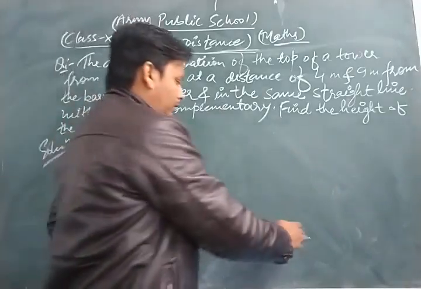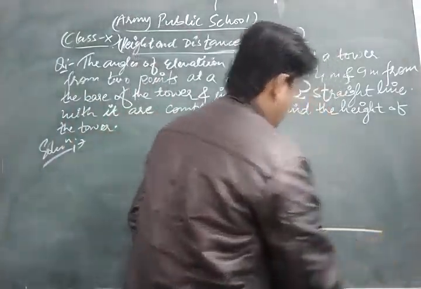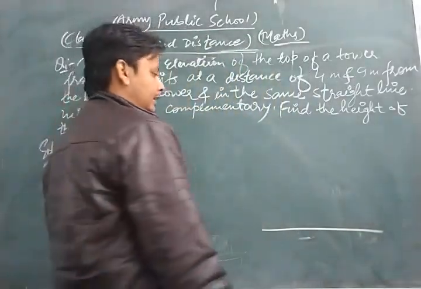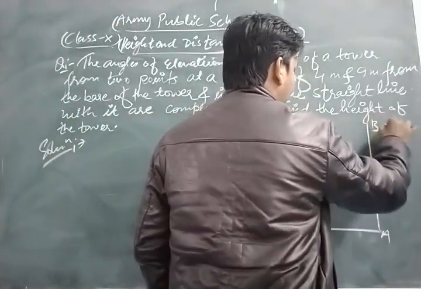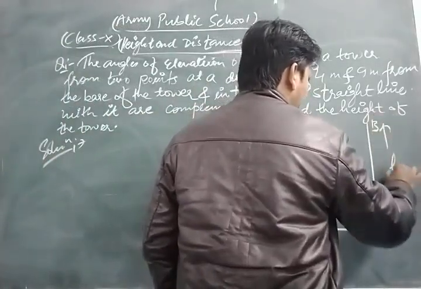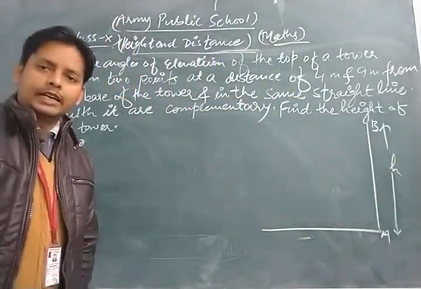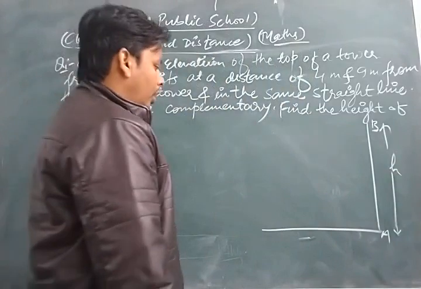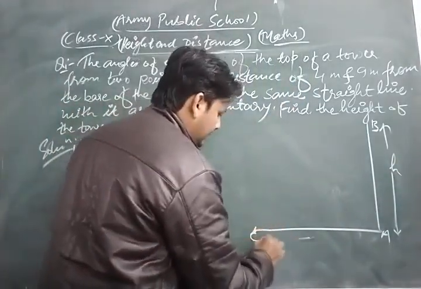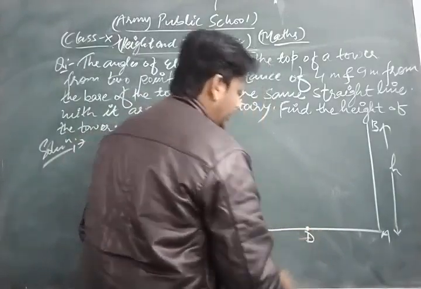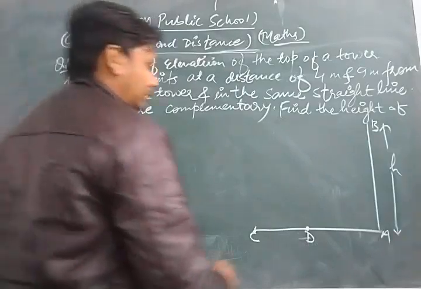So dear students, first of all we draw a horizontal surface and let AB be the height of the tower, and let the height of the tower be h meter. Now let us take two points C and D which are at a distance of 9 meter and 4 meter respectively.